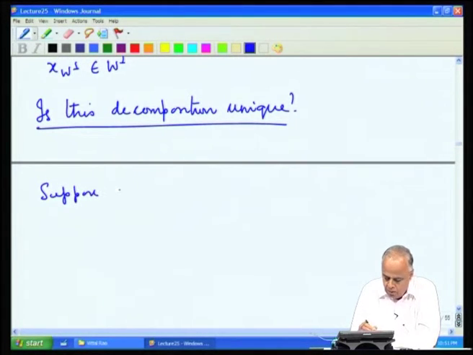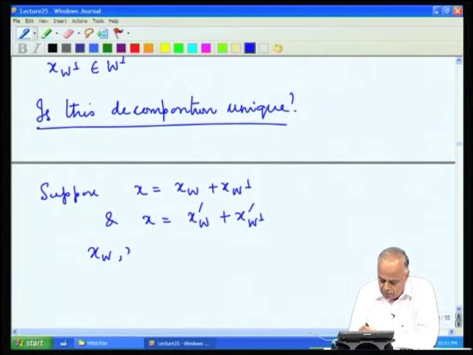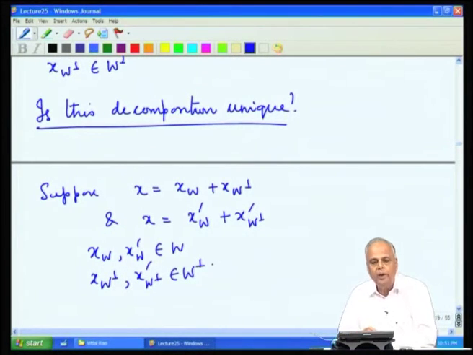Suppose x equal to x_W plus x_W perp and x is equal to x_W prime plus x_W perp prime, where x_W and x_W prime are in W and x_W perp and x_W perp prime are in W perp. So, we have two such decompositions of a vector x into a W part and a W perp part.